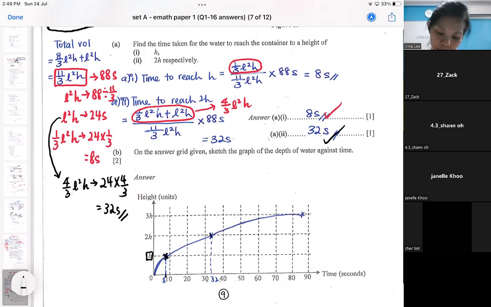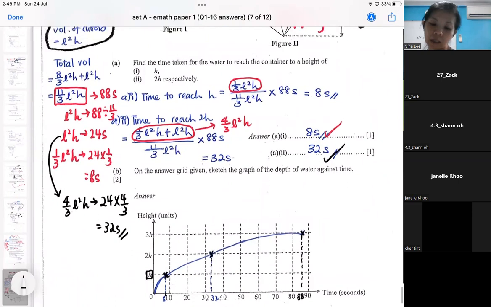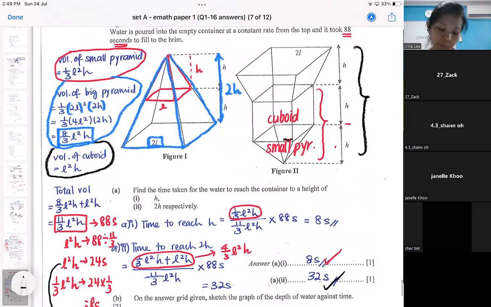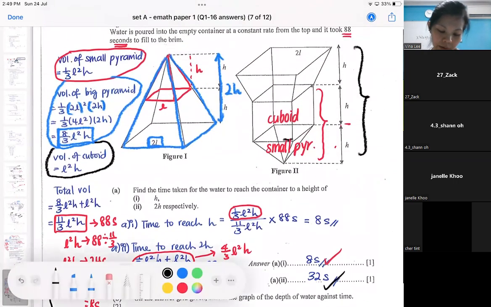And 2H will take 32 seconds. So you got another point plotted. Eventually, you'll be at 88 seconds. Then you should explore whether it is increasing or decreasing.